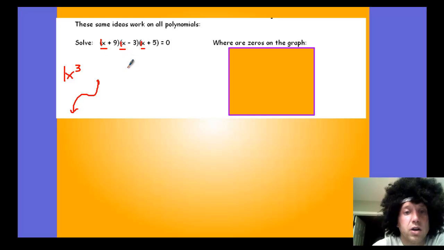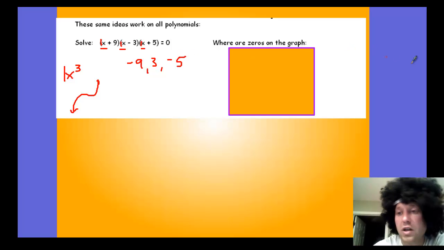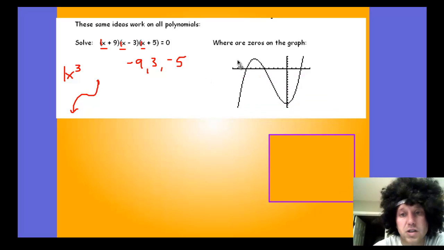Now what are our x-intercepts, our roots? They're -9, 3, and -5. And so we can get a picture of what the graph's going to look like just by looking at the factors. And so the graph here, we have 0 at -9, -5, and 3. And then we have this behavior shape.